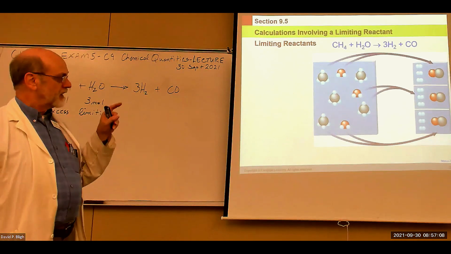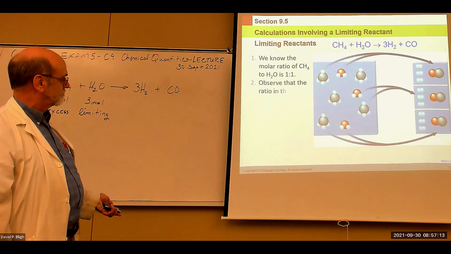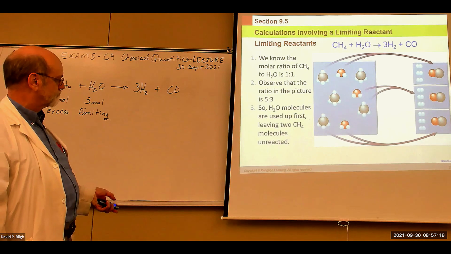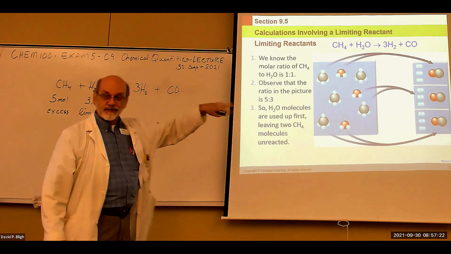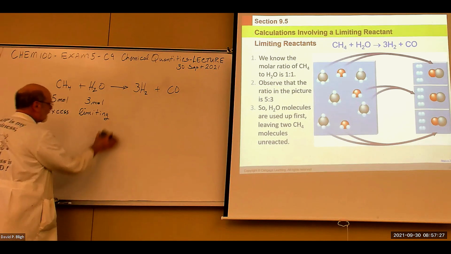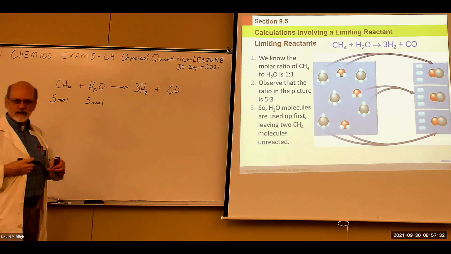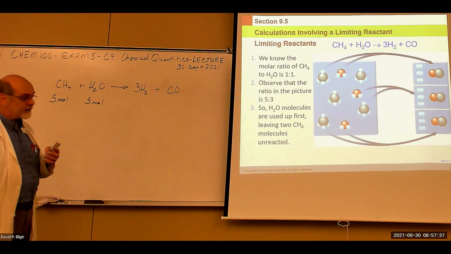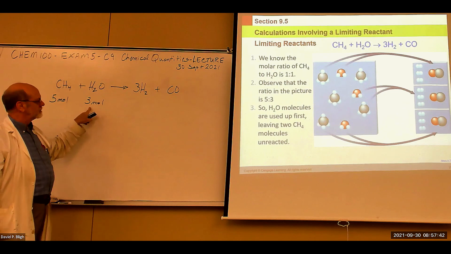Now there's another way. This is by picture. If we're presented with this information without the pictures, say we say 5 moles here, 3 moles there, how do we determine which one is excess? Well, there are a couple of ways to do it. The way I like the best is to say, assume that all of this is used up.